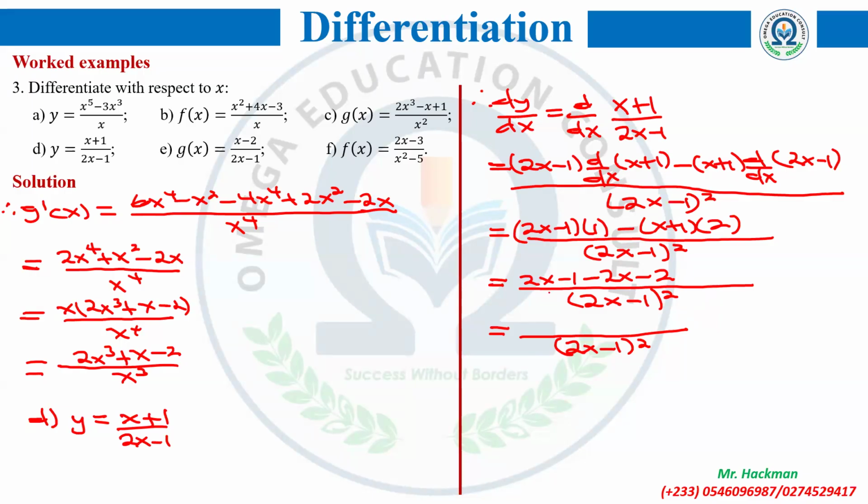Then minus 1 minus 2, if I combine, that will give me minus 3. So the derivative of x plus 1 over 2x minus 1 is minus 3 over 2x minus 1, the whole of that squared.